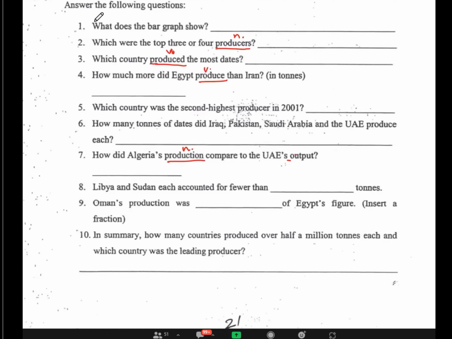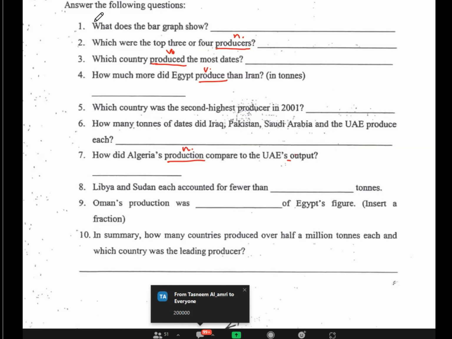Number 4, how much more did Egypt produce than Iran? About 200 to 200,050.